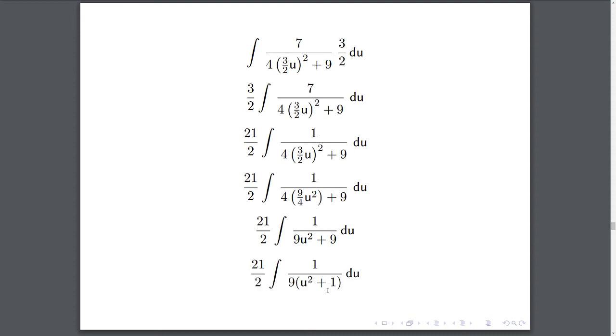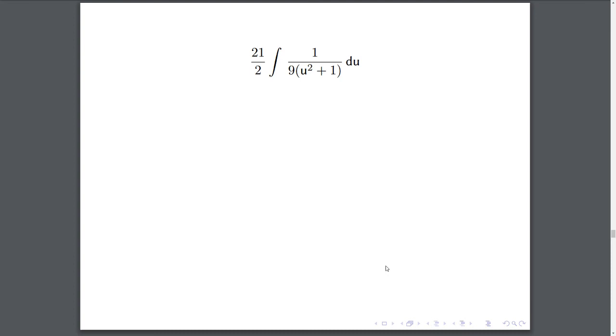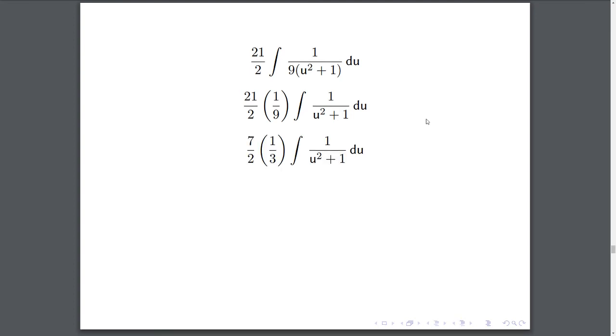And now you can see that looks a lot like the derivative of inverse tan, so it's getting closer and closer to something that we already know how to integrate. All right, and then finally here we have this constant 9. Again, the constant multiple rule says I can just bring that out in front of the integral, and then 21/2 times 1/9, just reduce that down to 7/2 times 1/3, which comes out to be 7/6.